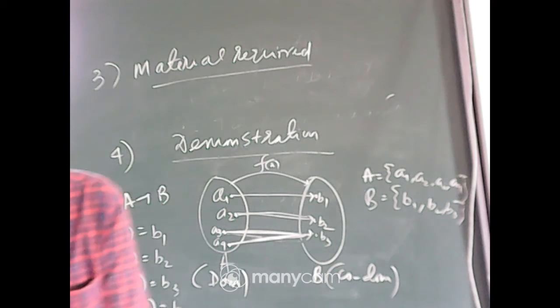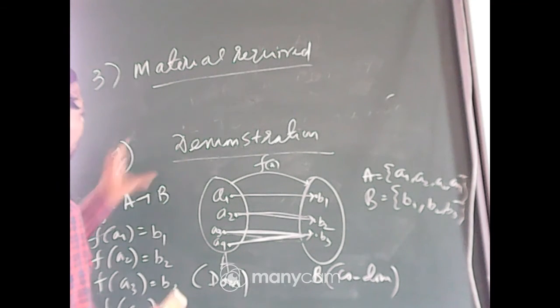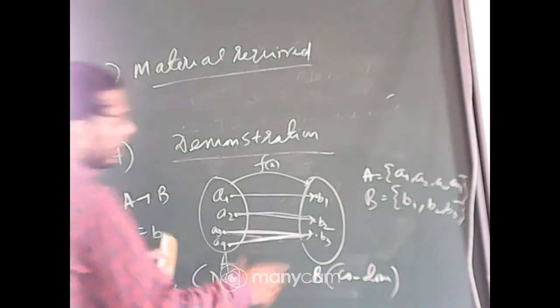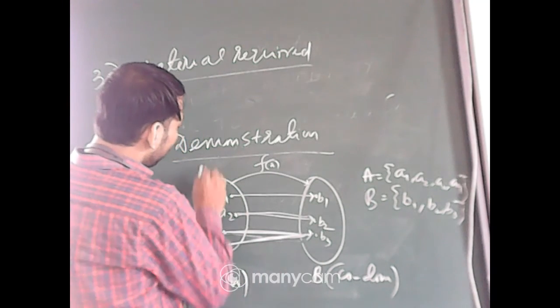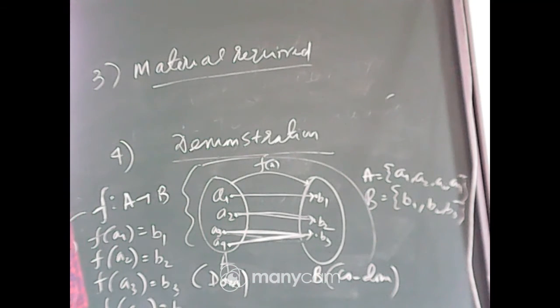Now the fifth point is observation. In the demonstration, you have to write elaborately and explain this. Write about this point-wise: what you have done, what you have made in the demonstration.